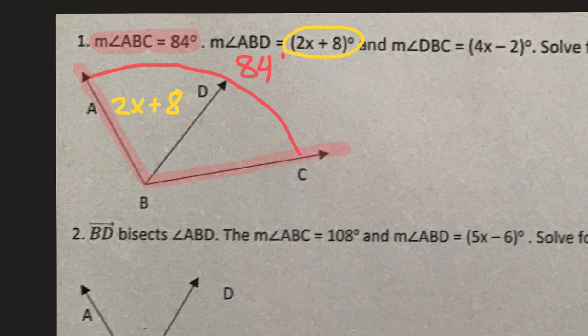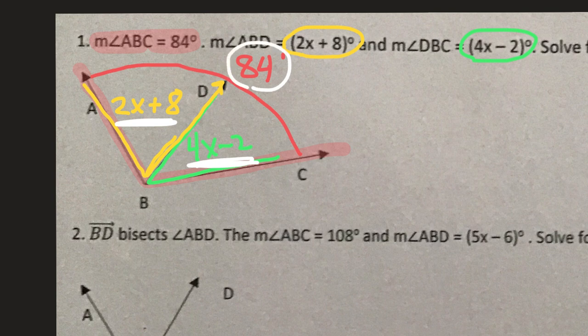And then we also know that DBC is 4x minus 2, so we're going to write that in the DBC angle. Here's DBC, and here is angle ABD. These are adjacent angles. They share this ray, another vocabulary word. So you should be pretty convinced that this is an angle addition postulate problem, because if we take our angle ABD and add it to DBC, we get the total measure of your angle, 84.